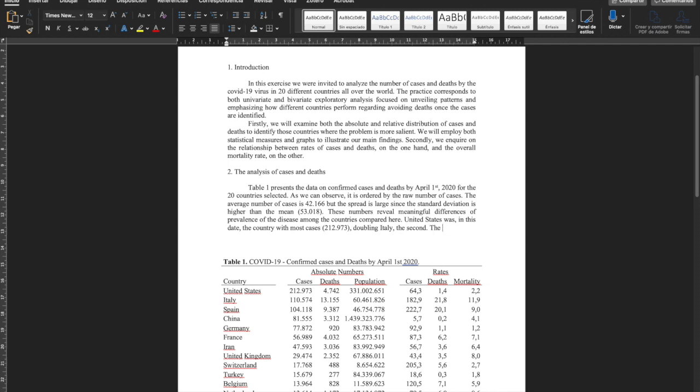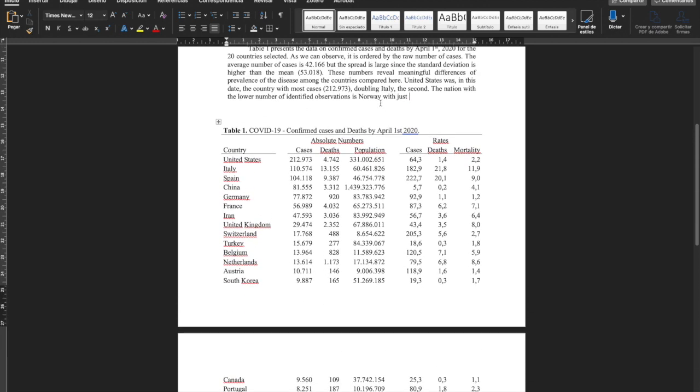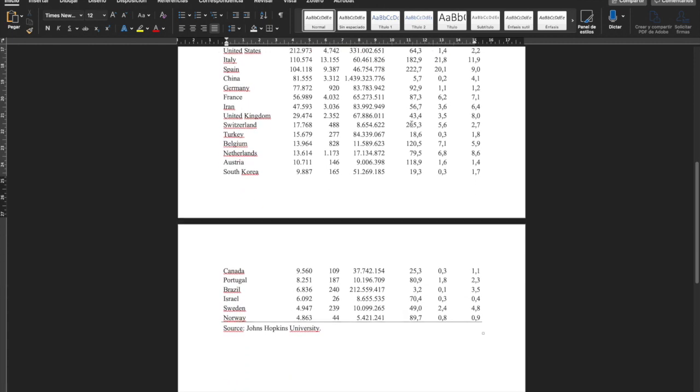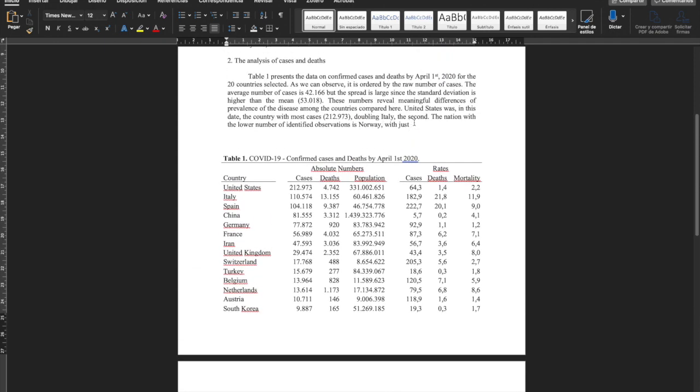The last, or the nation with the lower number of identified cases, identified observations, is Norway with just 4,863.